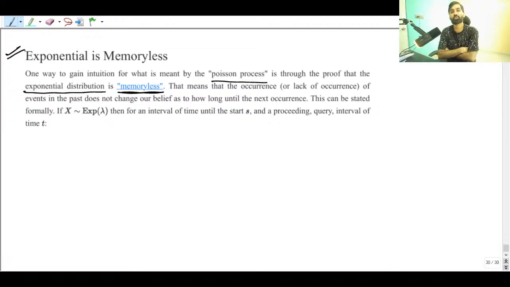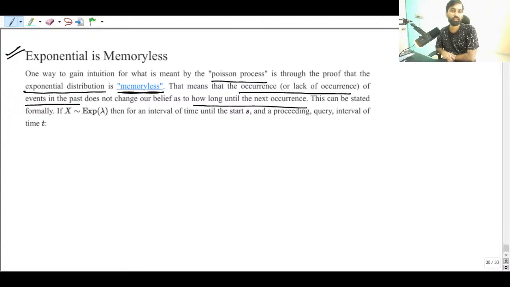Okay. So what is the meaning of Poisson process here, right? So you have to understand that the exponential distribution is memoryless. What is the meaning of that? The meaning of that is the occurrence, or you can say the lack of occurrence, of events in the past does not change our belief as to how long until the next occurrence. Okay.